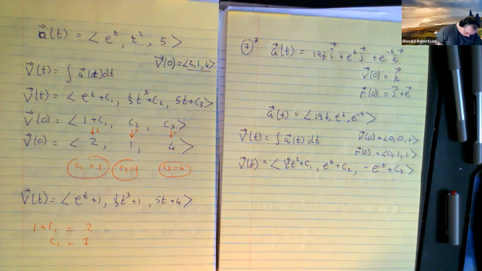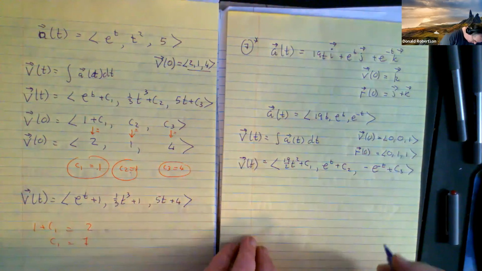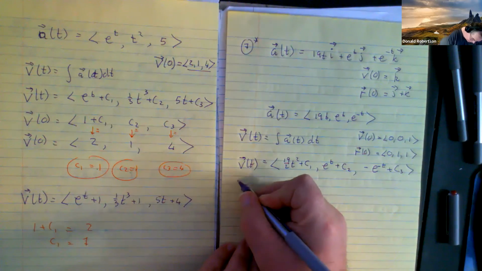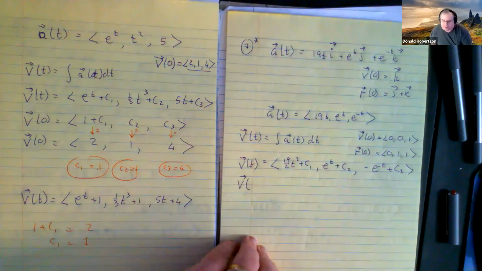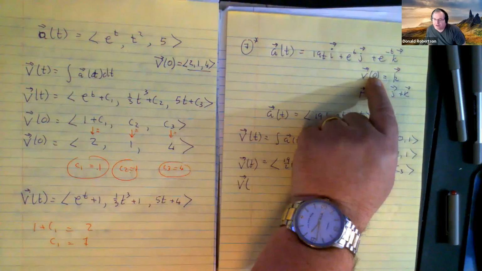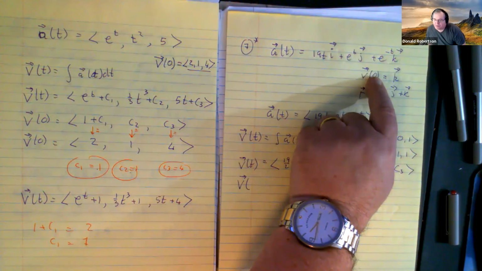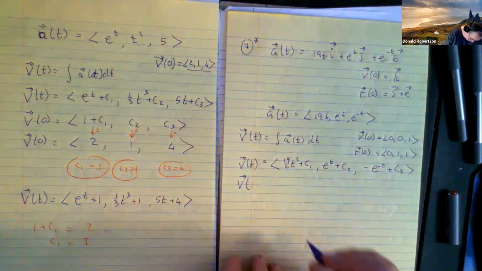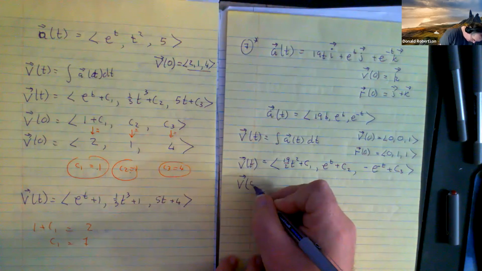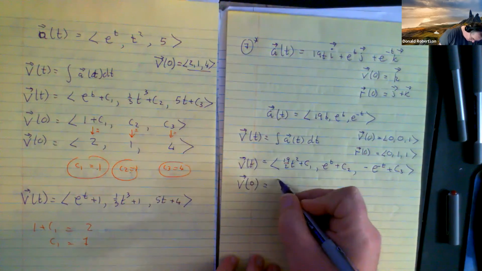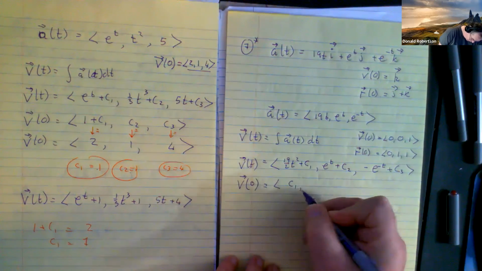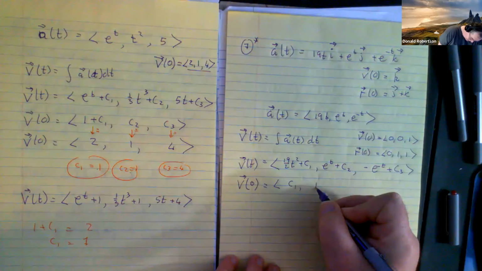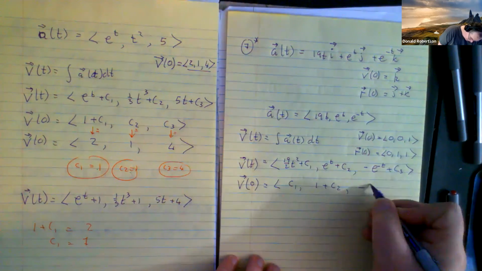Right, okay. If I find the value at 0. Oh, by the way, there is no reason in the world why you need to know v of 0. Wouldn't this work equally with v of 1 or v of 22, right? There's no particular reason why it should be 0. It just happens to be that 0 is a good number. So if you plug it in here, you get C1. If you plug it in here, you get 1 plus C2. And if you plug it in here, you get negative 1 plus C3.